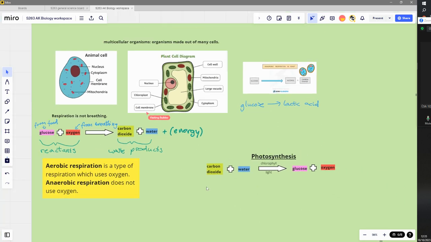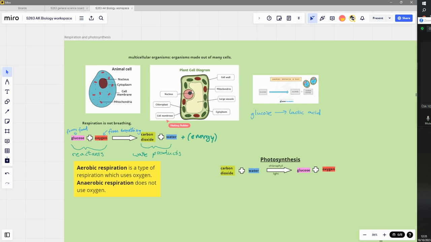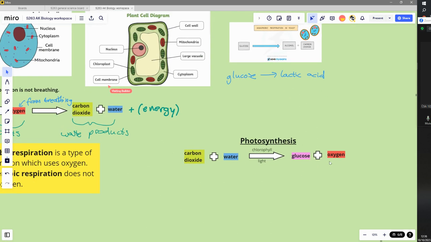So that pretty much sums it up. I might just emphasize this last point. This energy from the sun is trapped inside these glucose molecules.